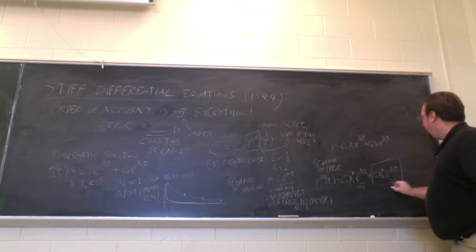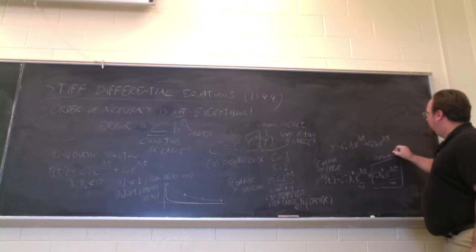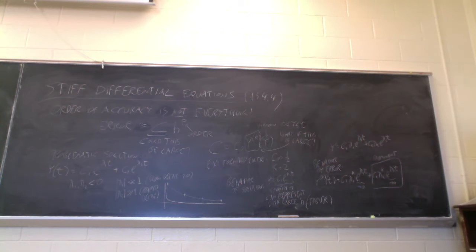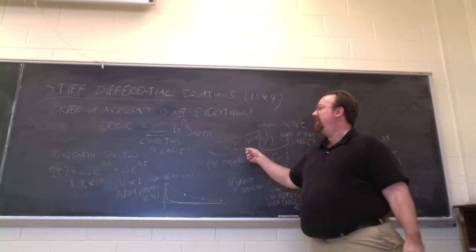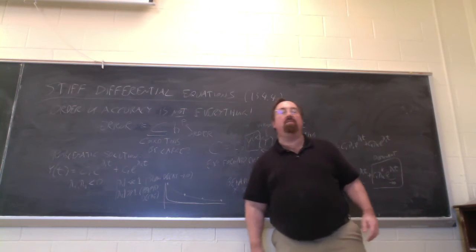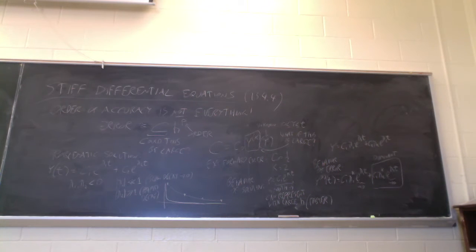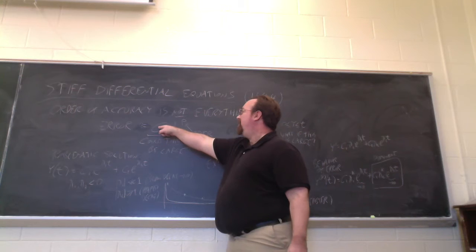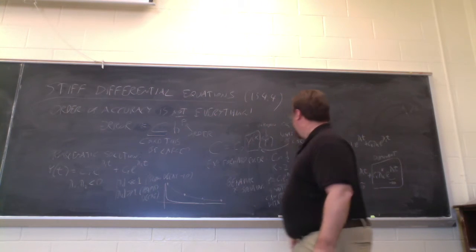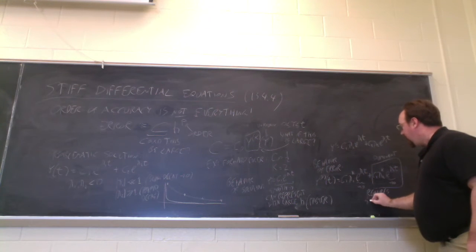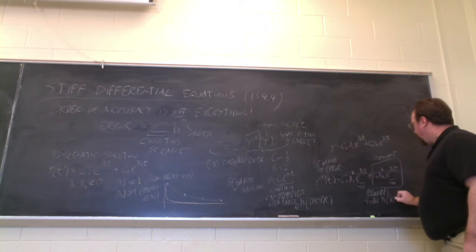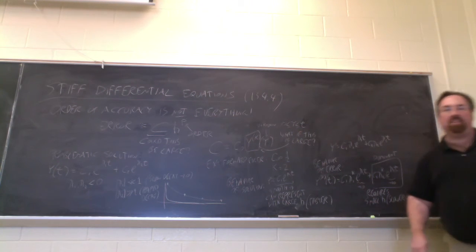So this is your dominant term, in other words, your C is now big. How do you offset a big C to keep your error under control? Small steps. To make this whole thing small, C is big, so you have to choose your h smaller. So this requires a small h, and that's going to slow down your whole time stepping method.